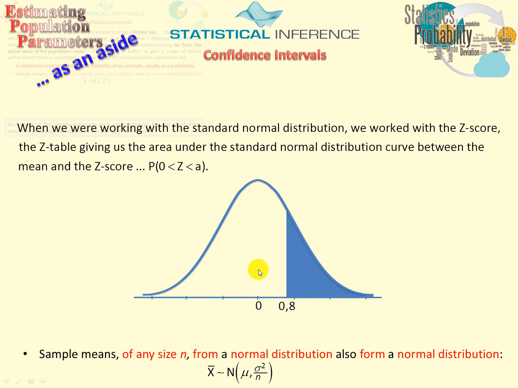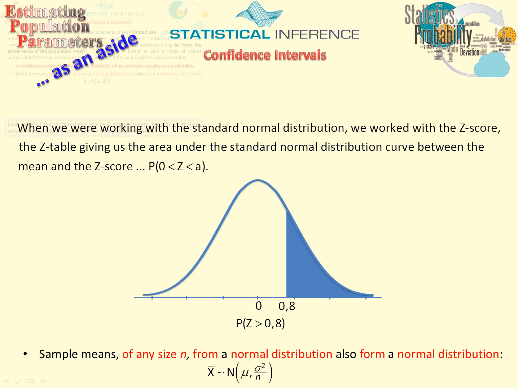We know the z-score is 0.8, so we can find the probability, which is the area associated with 0.8. And therefore the 0.5 of the whole area and the probability for this area could be combined by subtraction to give us the area required.